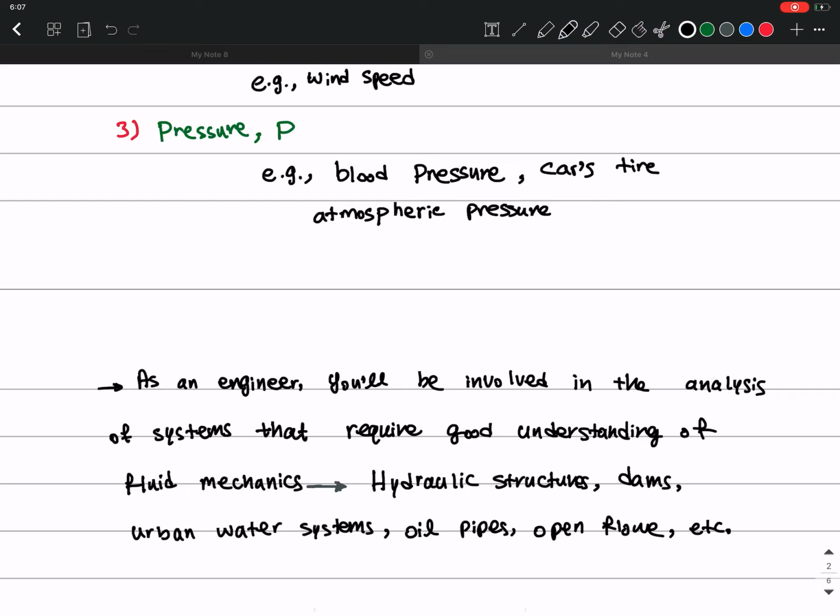So these are some examples where as an engineer you need a very solid understanding of fluid mechanics to be able to tackle them. Okay.